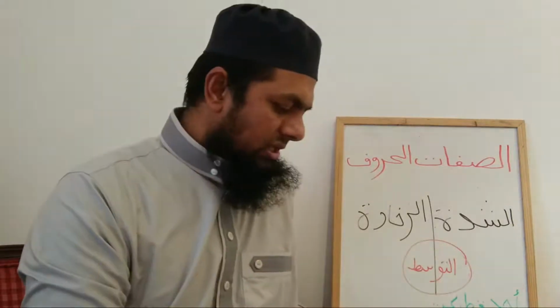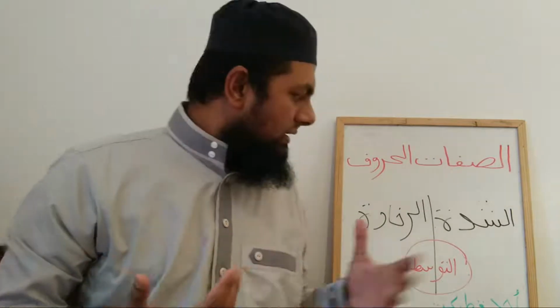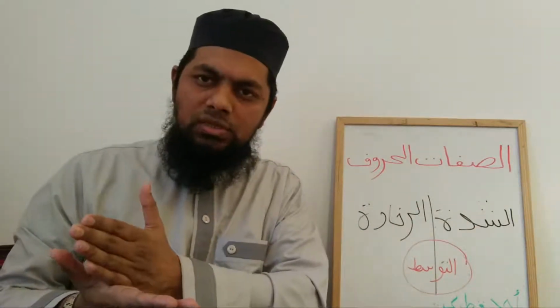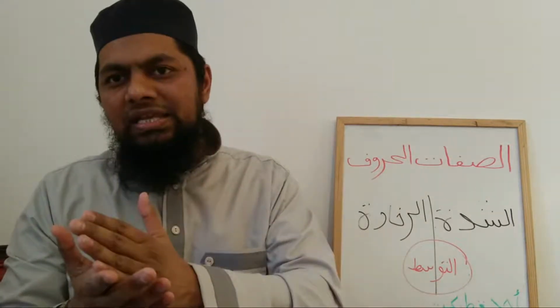It's called at-tawassut. So when I say shidda, the sound is completely cut off, and al-rakhawa is when the sound is flowing, but there are some letters in the middle, those that are partly cut off and partly continue inside the letter. The sound continues inside the letter.